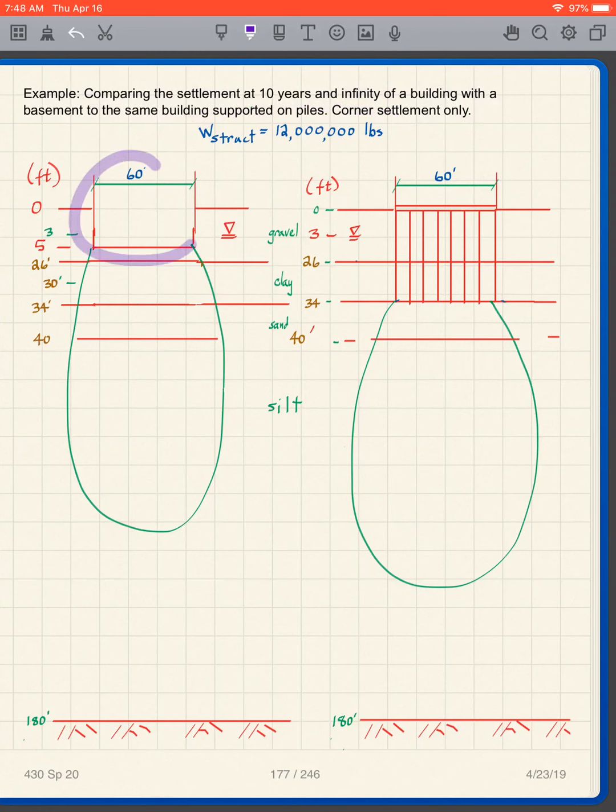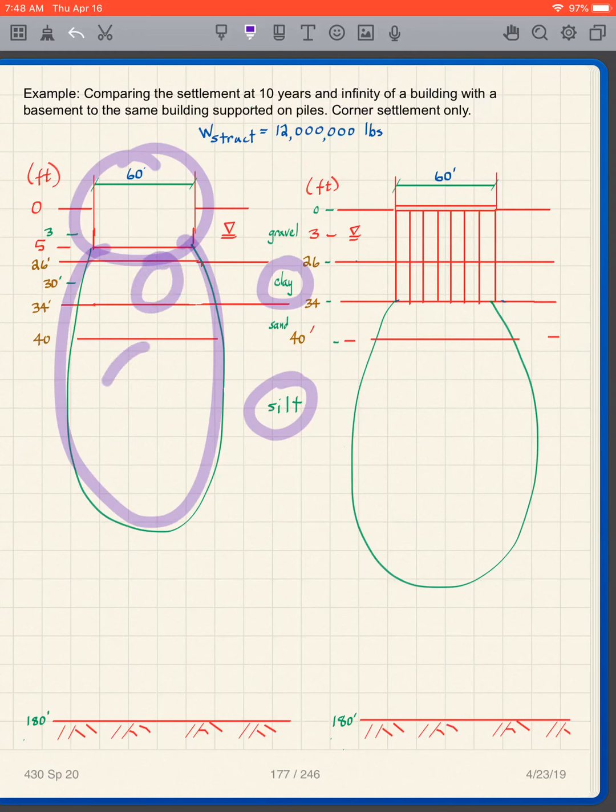Now notice that the building with a basement has both a clay and a silt layer in its pressure bulb. So if we build a basement, that may work, but we have to compute the settlement caused by the clay and the silt.